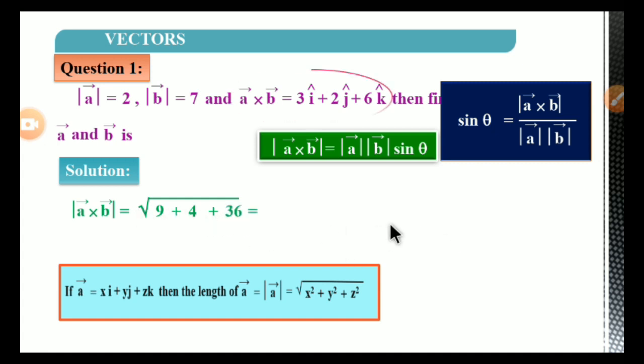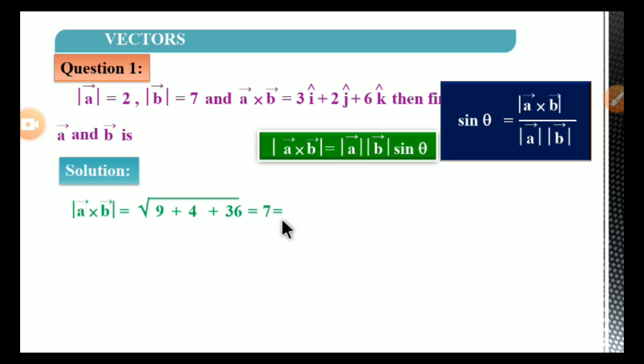The square root of that is 49, so this gives the value 7. So this is the magnitude of vector A into magnitude of vector B into sine theta, because this is already given here. So it is exactly equal to this one.